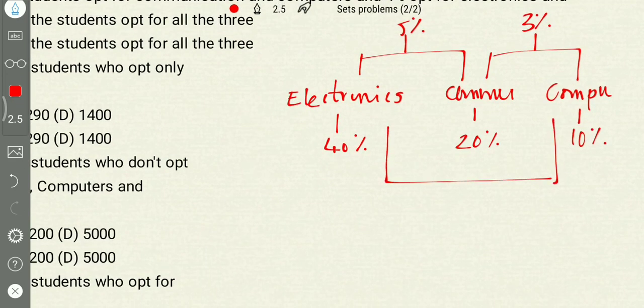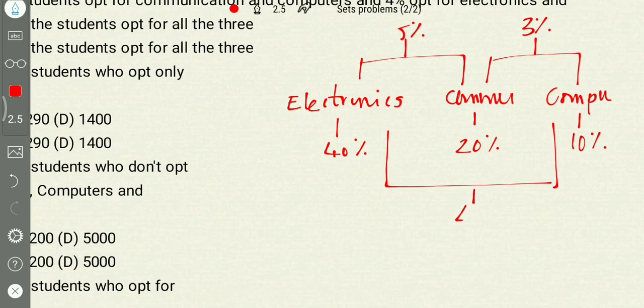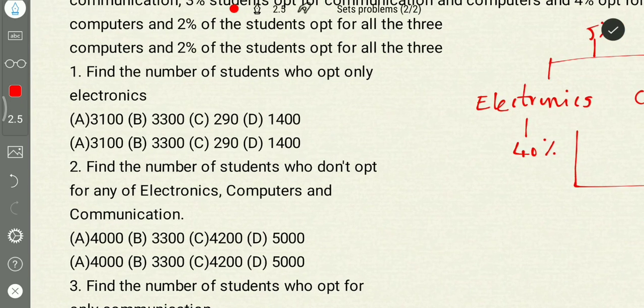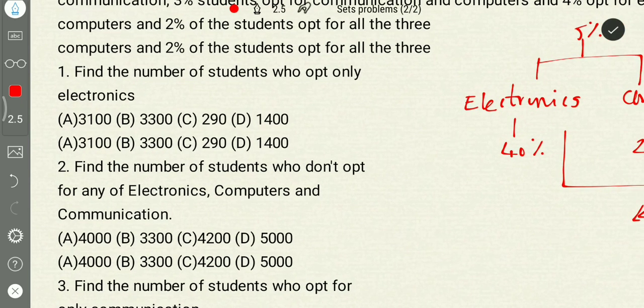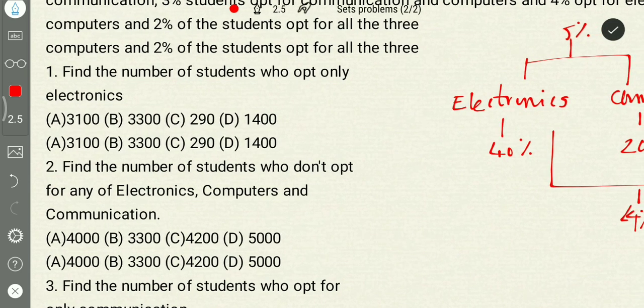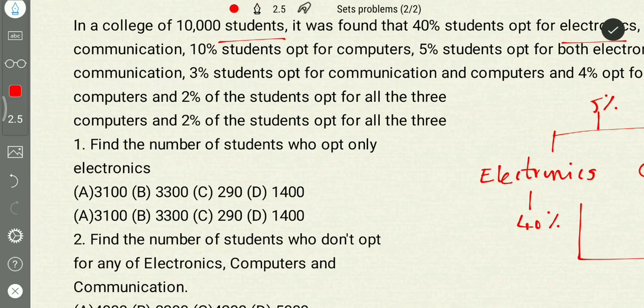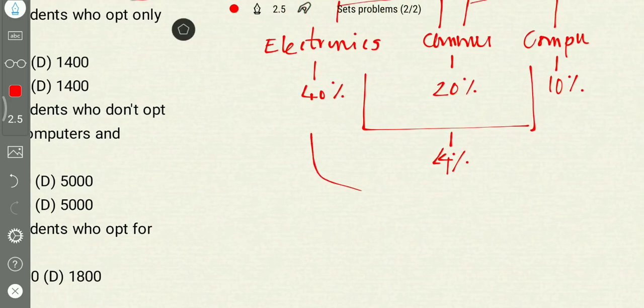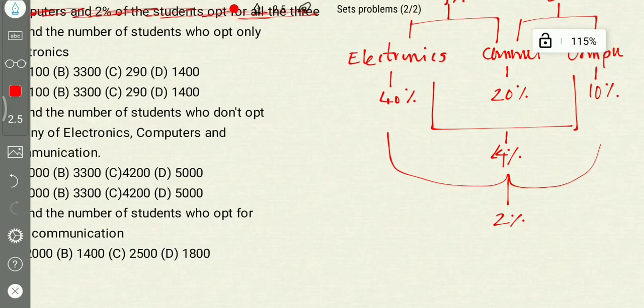Electronics and computers, 4%. And 2% of the students opt for all three.